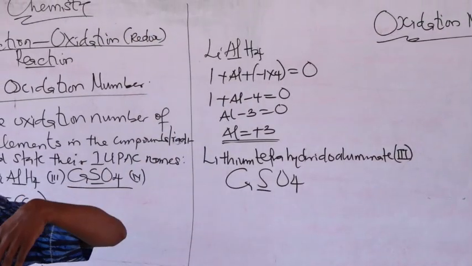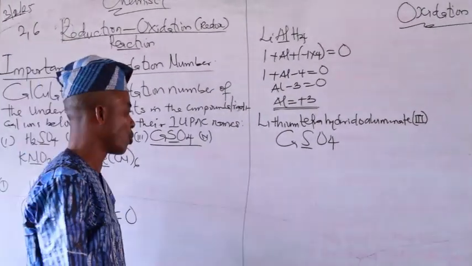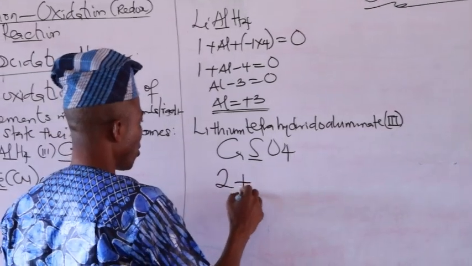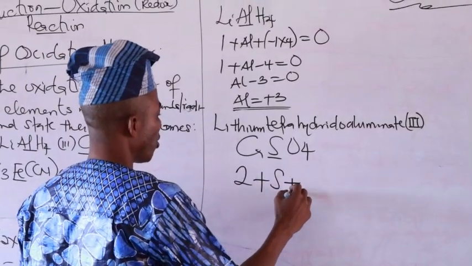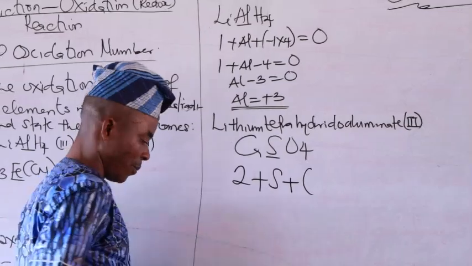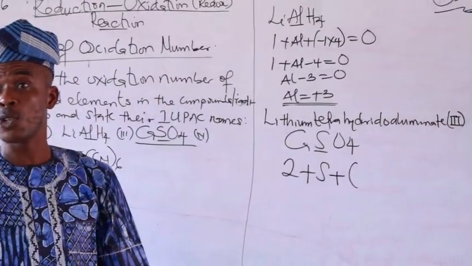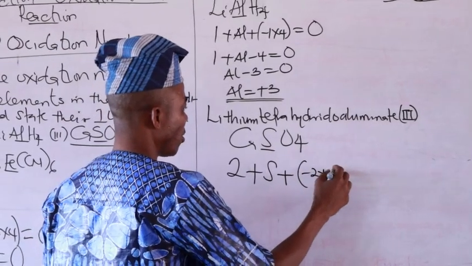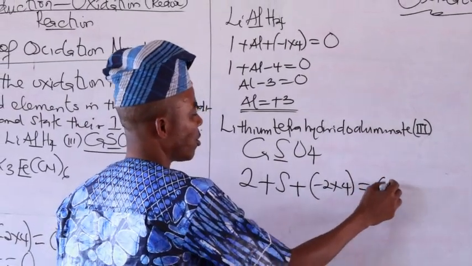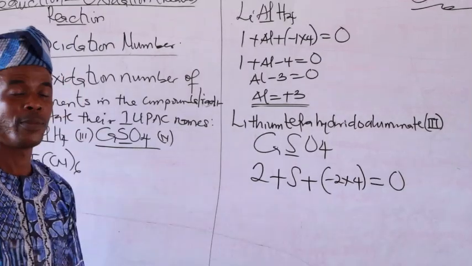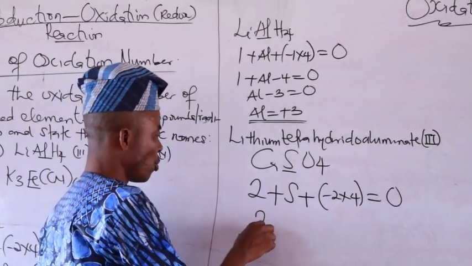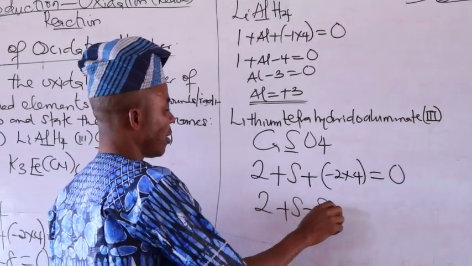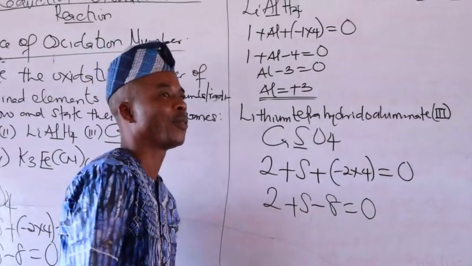For the first, calcium has oxidation number of 2. So we have 2 plus S plus, this is oxygen, its oxidation number is equal to minus 2. So we have minus 2 times 4, and everything will give us 0. So this is 2 plus X minus 8 equals 0.